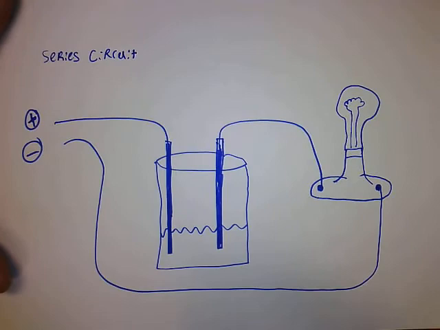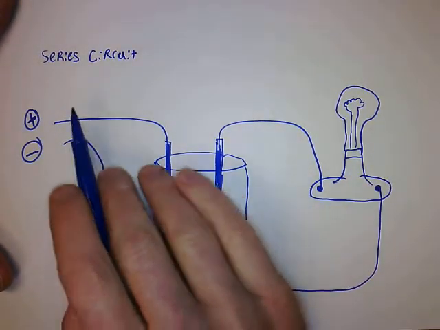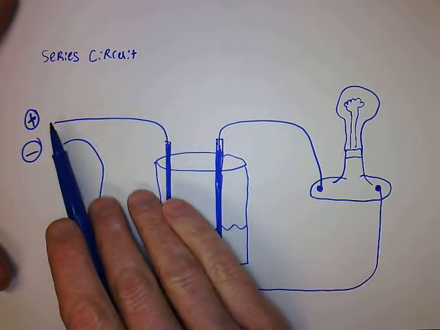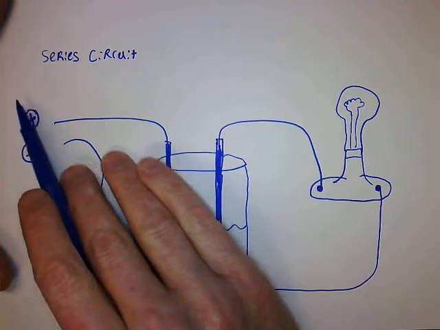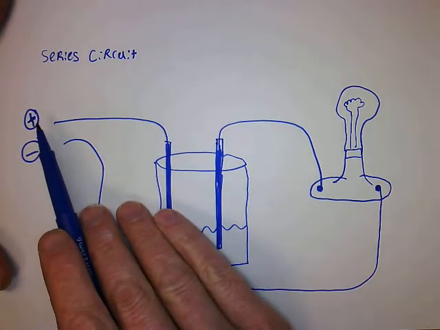For this light bulb to light, your electricity is going to have to make a complete circuit. Say we have this hooked up to a battery, a positive and negative power supply. What's going to happen?